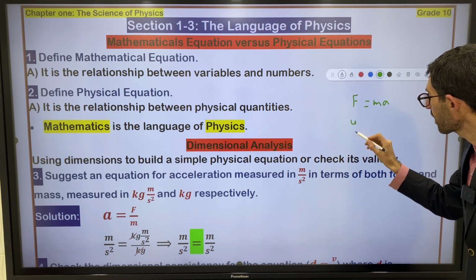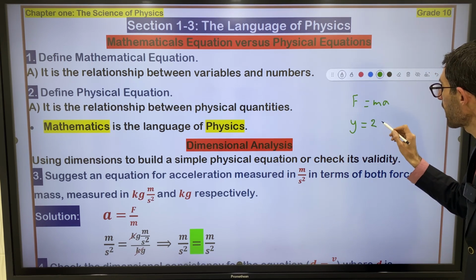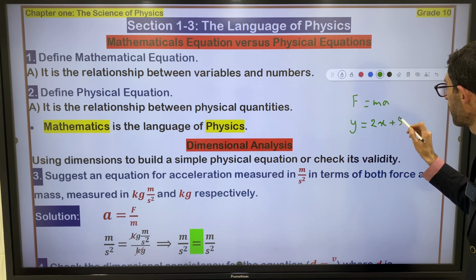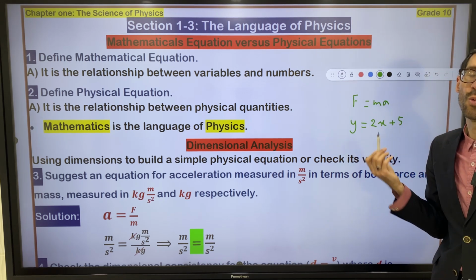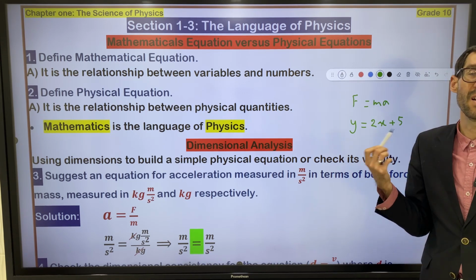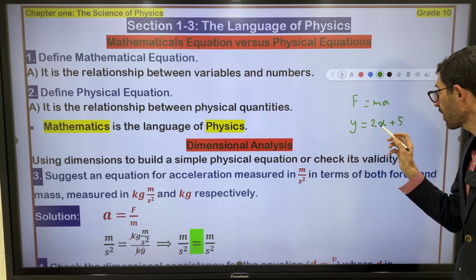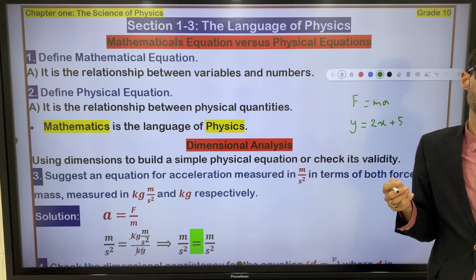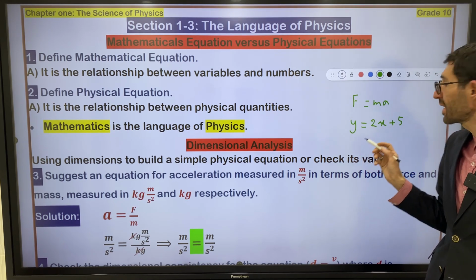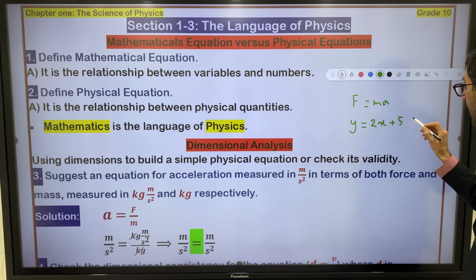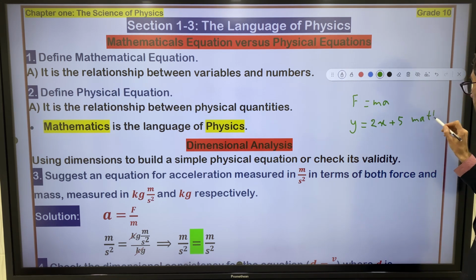I write y is equal to 2x plus, for example, 5. What are x and y? They are variables. What are 2 and 5? They are fixed numbers. So it's the relationship between variables and fixed numbers. This is a mathematical equation. This is in math, right?